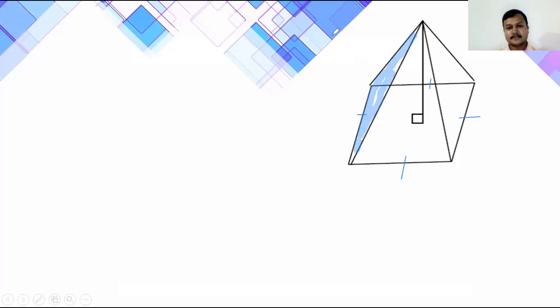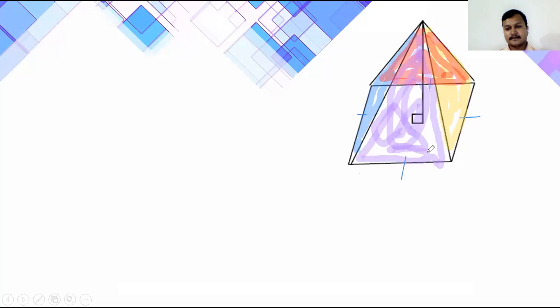There is another lateral surface at the right side, and next one at the back side, another triangle. This is another part of the lateral surface, the red colored part. And at the front side also there is one triangle. This is the fourth part of the lateral surface.